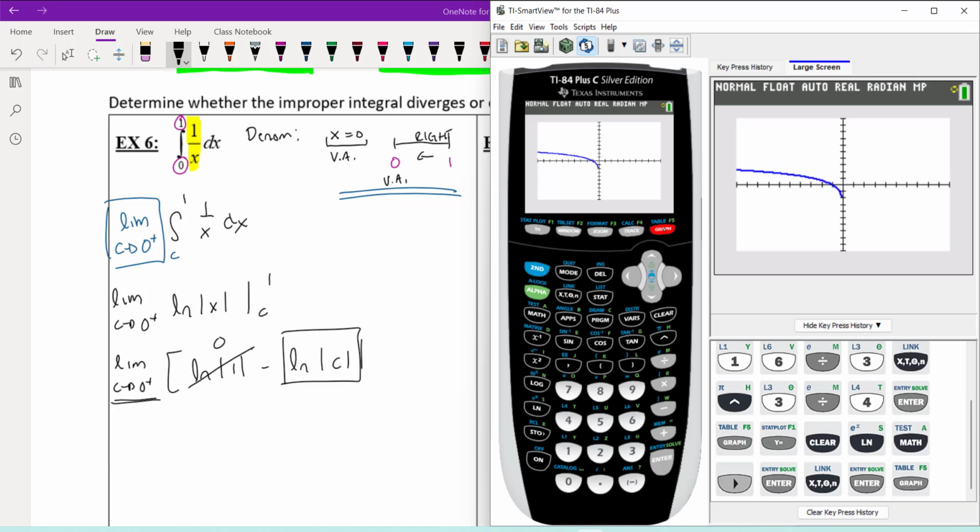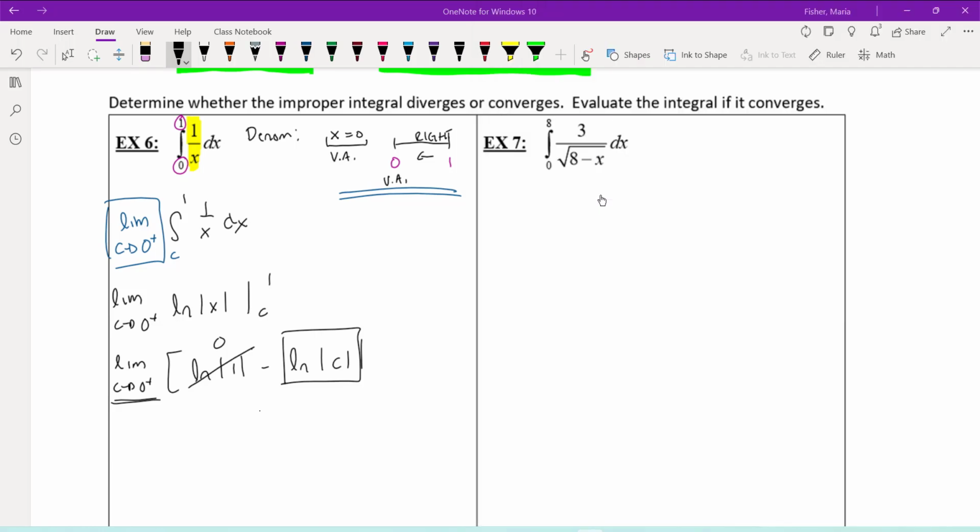Well, as we approach 0 from the right, the graph is going down towards negative infinity. It's hard to see from this graph, but it is continuing down towards negative infinity. So that means that this is equal to the negative of negative infinity, which is equal to positive infinity. So we end up getting positive infinity for the answer for the limit, and that means that my integral diverges.